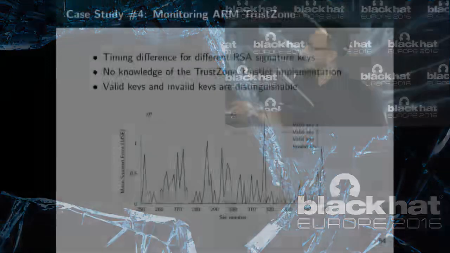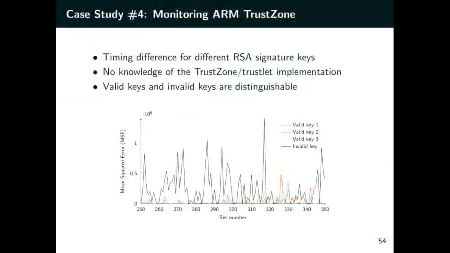The black line is an invalid key, and you see there's a huge difference on almost every cache set if you use an invalid key, compared to when you use a valid key. And over here you can see you can also distinguish which key has been used on some cache sets. Maybe you can build more sophisticated attacks on that, because the TrustZone in the end leaks to the untrusted world, and so you can monitor what's happening in the TrustZone.